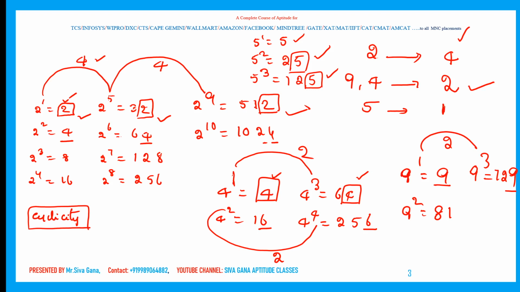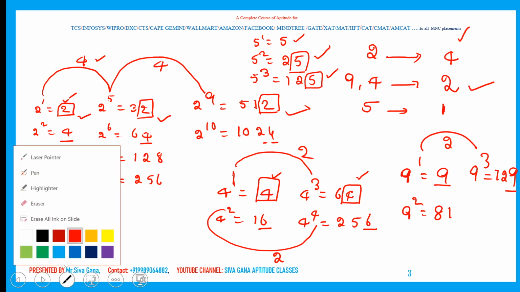In this way we can calculate the cyclicity values for all the digits. The list is: for the digits 0, 1, 5, 6, the cyclicity value is 1, which means for every 1 power the unit digit is repeated.